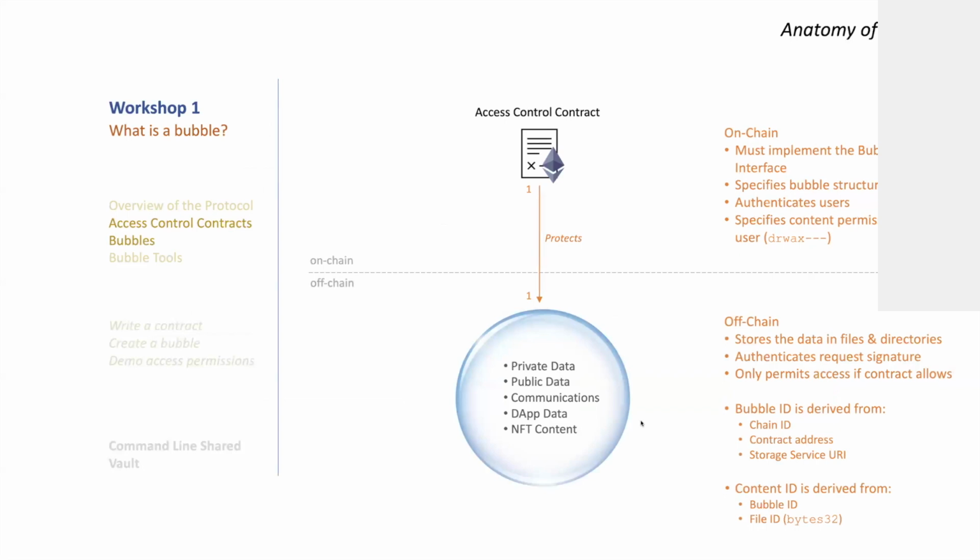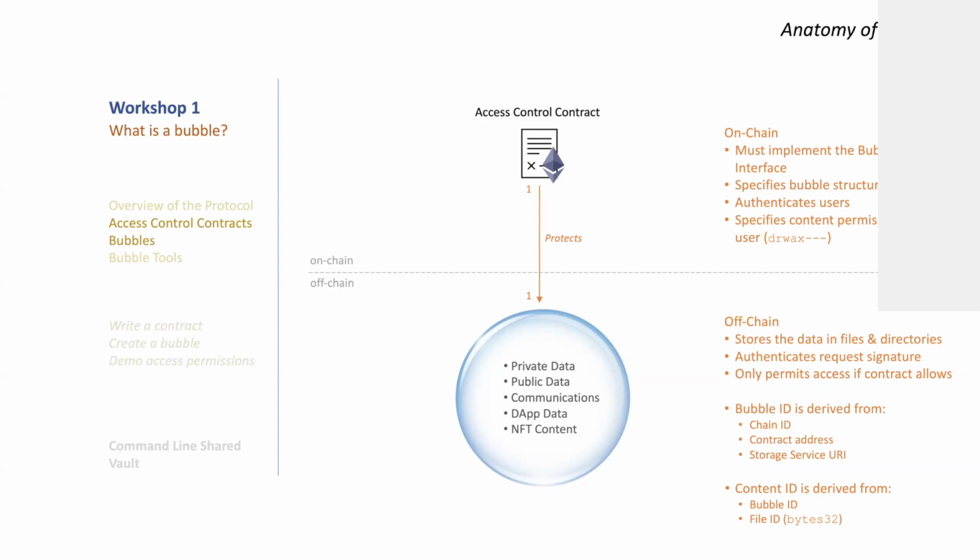So again, just an overview. What is a bubble? For those who don't know, a bubble consists of two parts, an on-chain half at the top and an off-chain half at the bottom. The on-chain half is a smart contract, and that specifies the structure of the off-chain content in terms of files and directories, and it specifies the permissions for each user for each file or directory in the bubble.